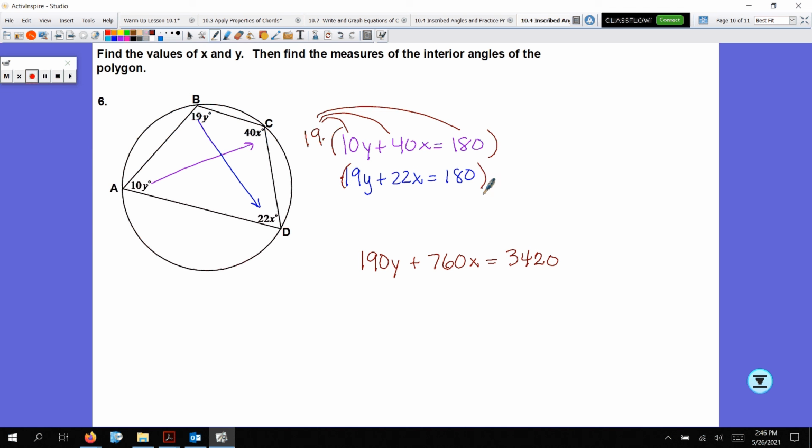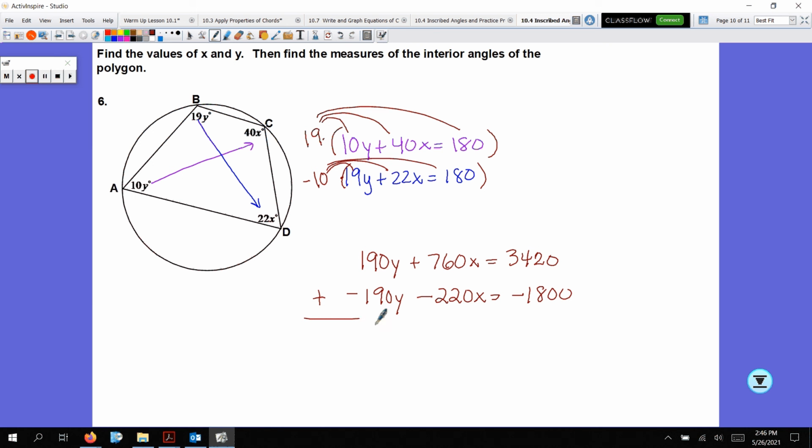What's going to give me the opposite for my y? Negative 10. So negative 10 times 19 is negative 190. Now I have my opposite coefficients. Negative 10 times 22 is negative 220x. And negative 10 times 180 is negative 1,800.